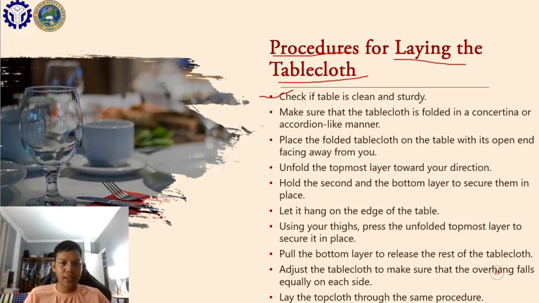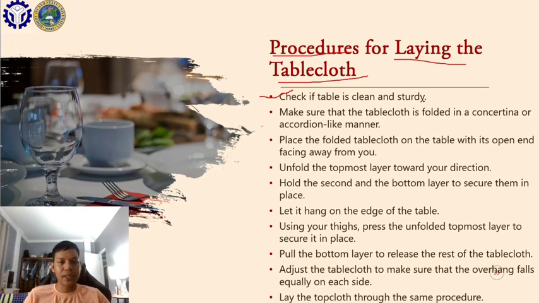As we have mentioned in the previous lesson, we will double check the furniture and the chairs. We need to make sure that there are no crumbs building up in the furniture. After we remove the garbage, or any things that are on the table, we need to double check that it is clean.